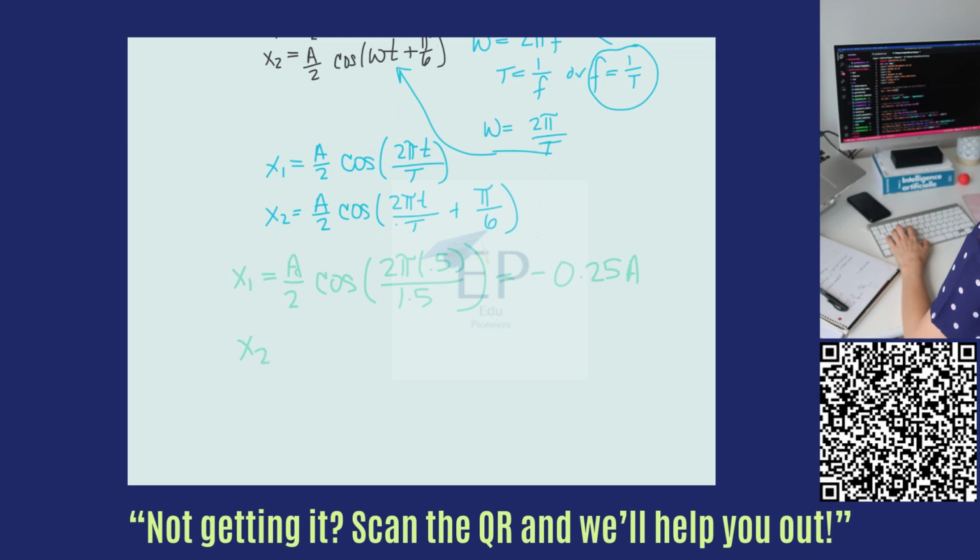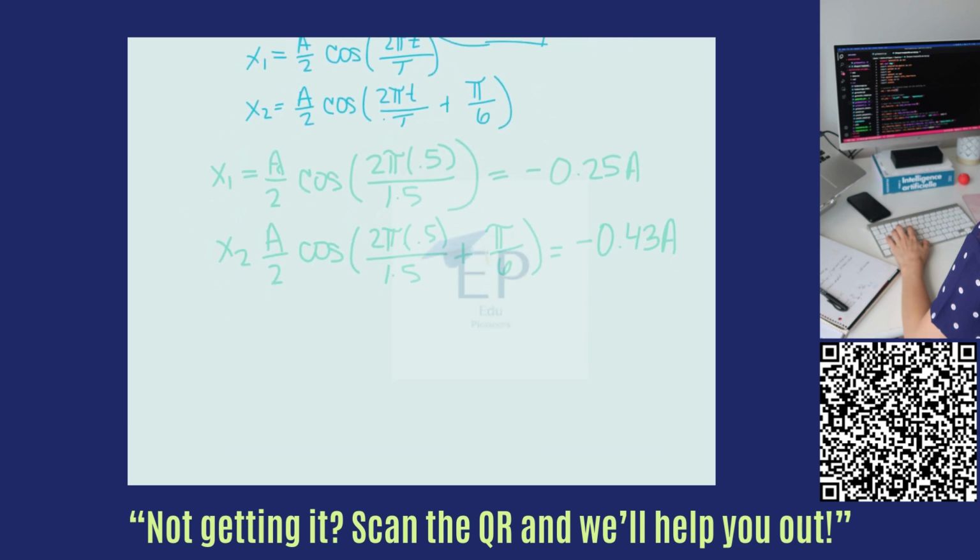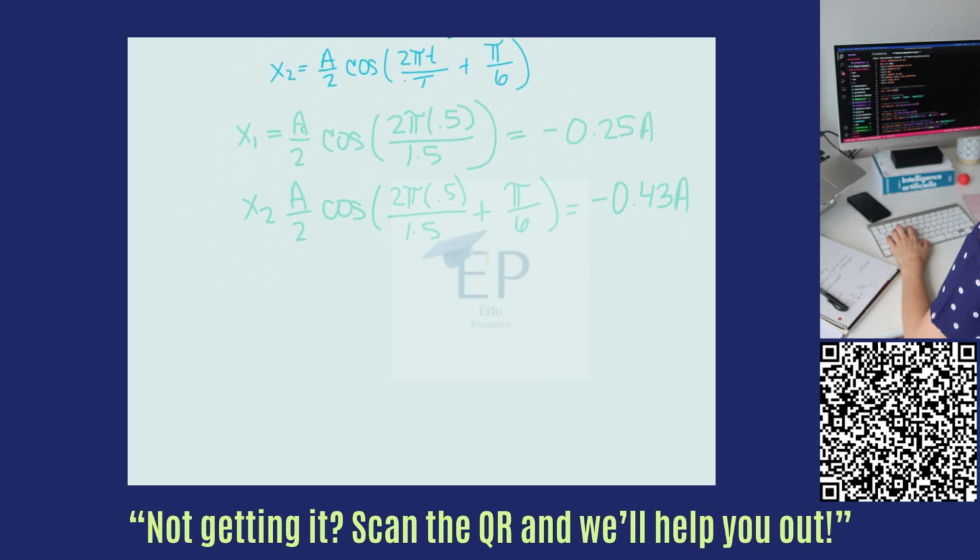For x2, I have a over 2 cosine 2 pi times 0.5 divided by 1.5 plus pi over 6, and that gives me a value of negative 0.43a.